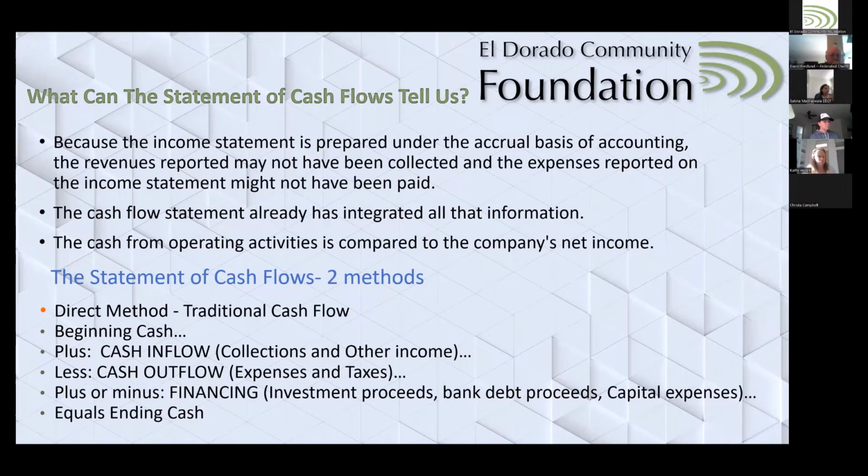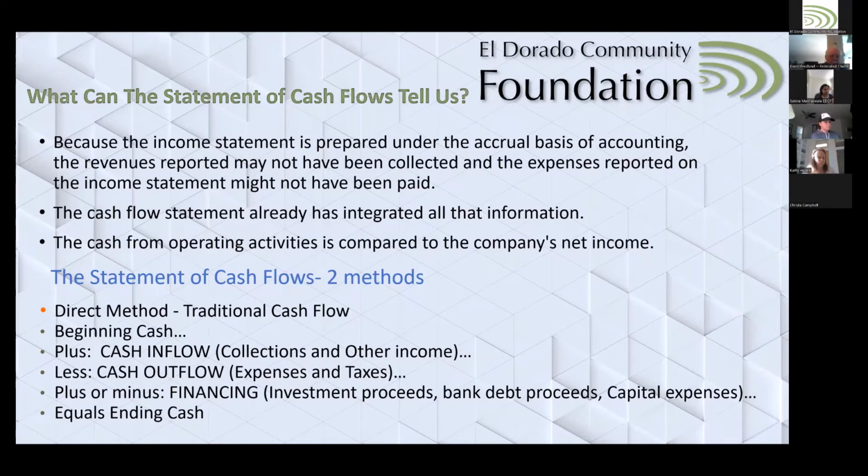There are 2 methods to do this. This is pretty simple. The direct method is the traditional cash flow: you have the beginning cash, so you hold this much cash at the beginning of the year. You add the cash inflow that's come in, all the donations, all the collections, etc. You would only add the cash donations, not any stock transfers or things like that.